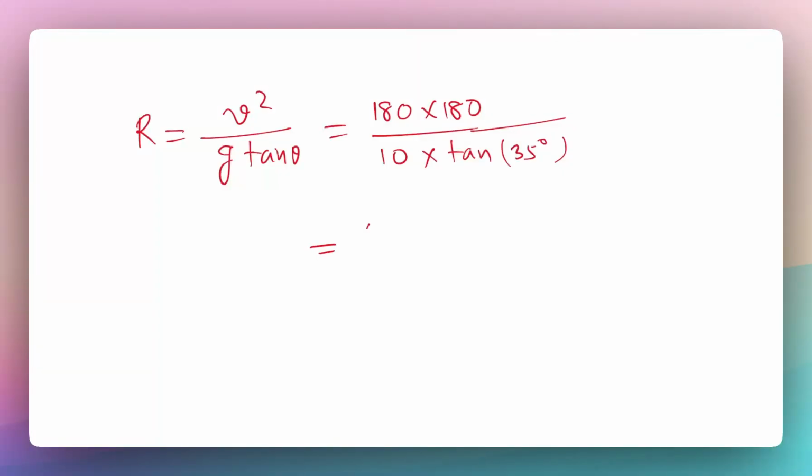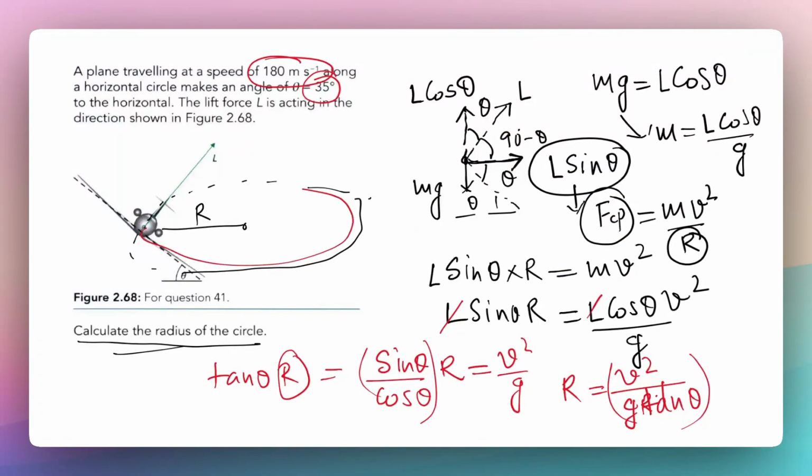And that's going to be 4628 meters, or roughly a 4.6 kilometer radius. So the plane is sort of circling like that with a radius of 4.6 kilometers, and that will be our final answer.